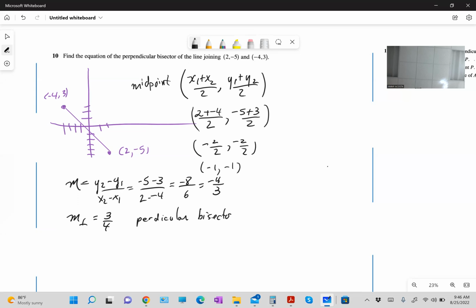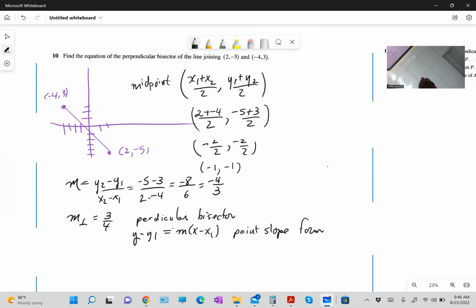Therefore, our perpendicular bisector, using point-slope form, y minus y1 equals m times x minus x1, is going to be y minus -1 equals 3/4, I wrote 3 over 3, times x minus -1.